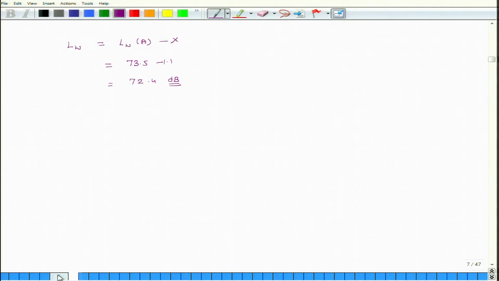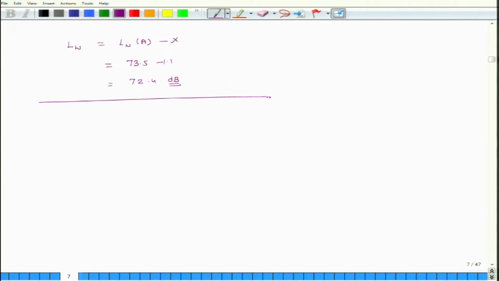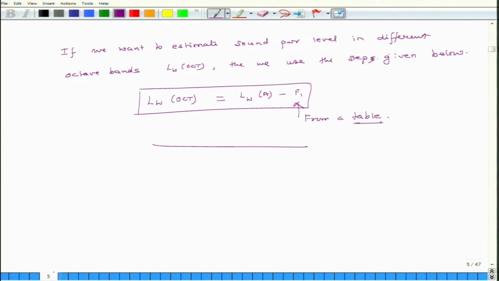This is one, but we were asked something else also: I have to compute the sound power level in every octave band. For computing sound power level in every octave band, we had another relation, which is LWA minus F1, and I have to get this F1 from the table.